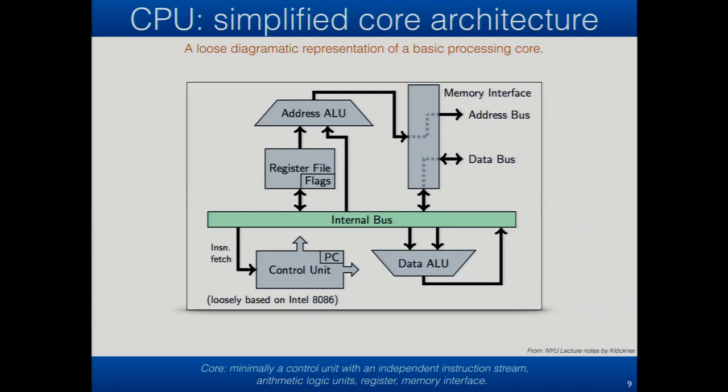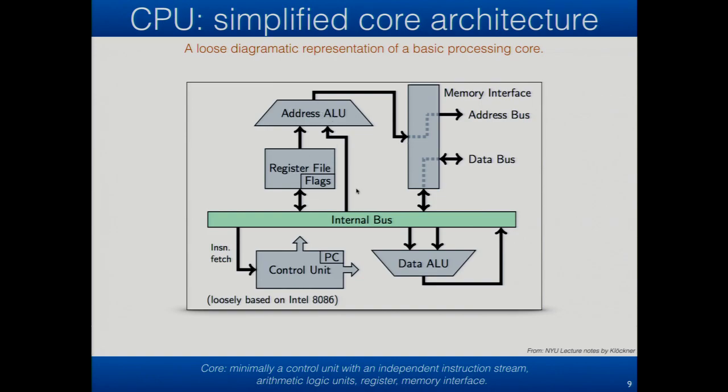If you look at the structure, I'm not going to dwell on this very long, but if you look at the structure of a primitive x86 core, what does it consist of? There is a control unit, which is driving the game. There's an internal bus over which data flows. There's a register file, which keeps the context, basically stores the variables.